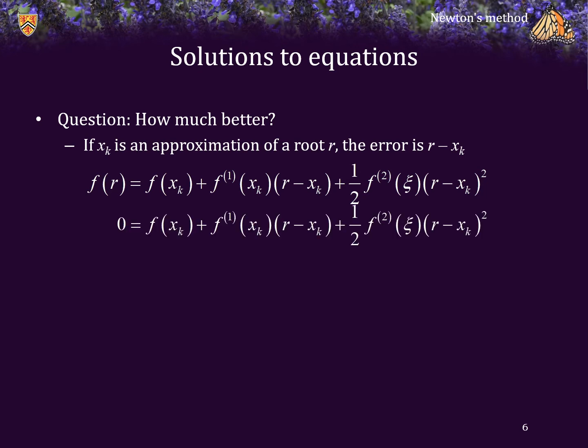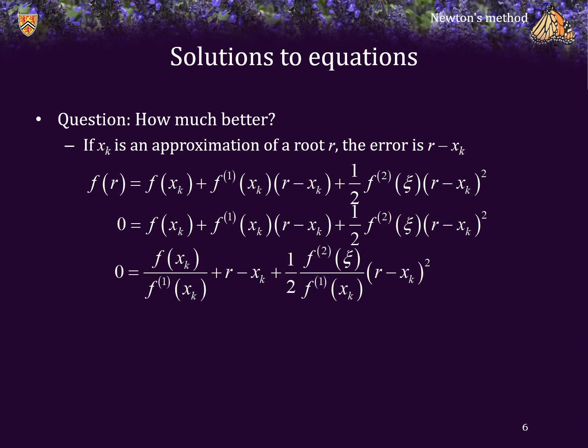Well, we know that f at r is equal to 0 because we are assuming that r is a root. All right, easy enough. We can therefore, assuming that the derivative is non-zero at that point, divide both sides by the derivative.